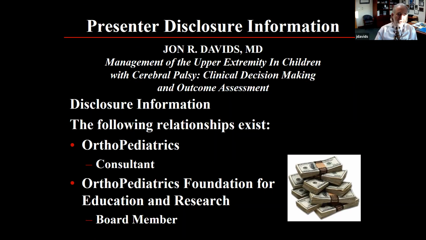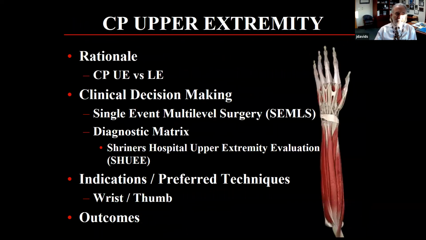These are my disclosures, none of which are really directly relevant to this particular presentation. What I'd like to do in the presentation is seen here. I will begin by contrasting the role of surgery for the upper extremity in children with cerebral palsy relative to the lower extremity.